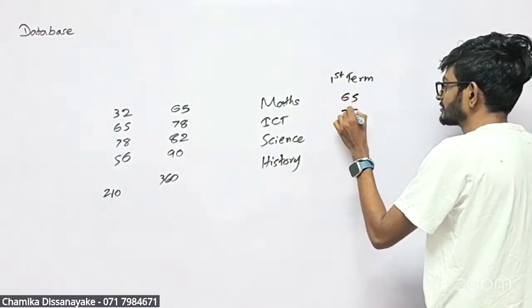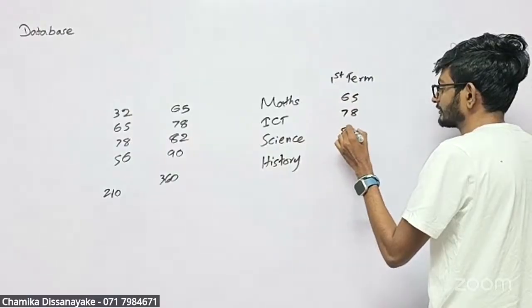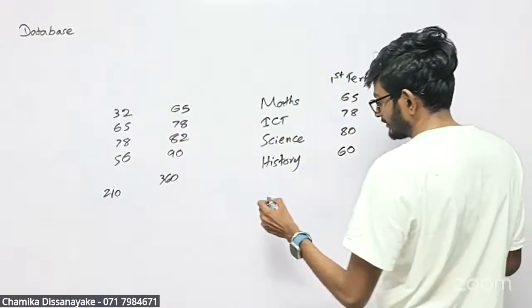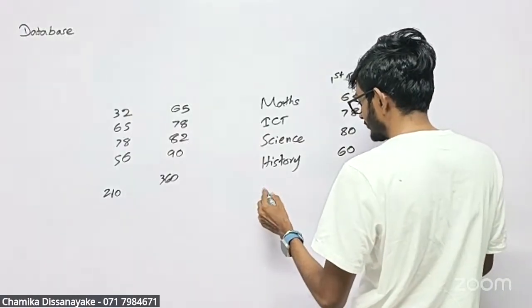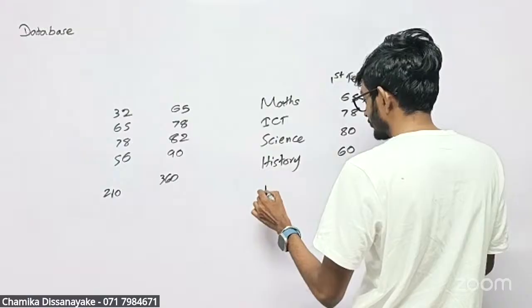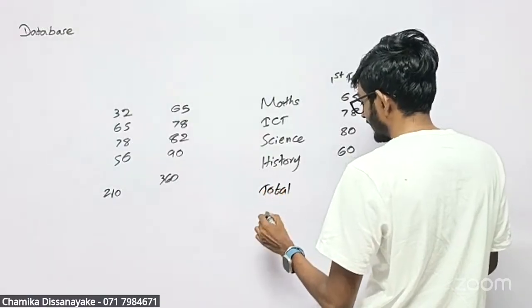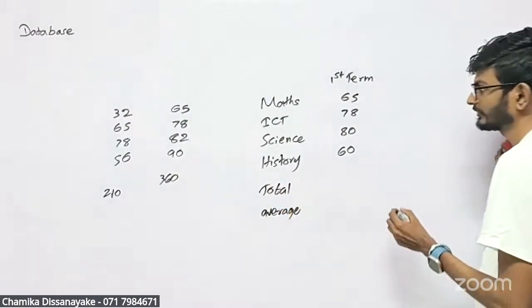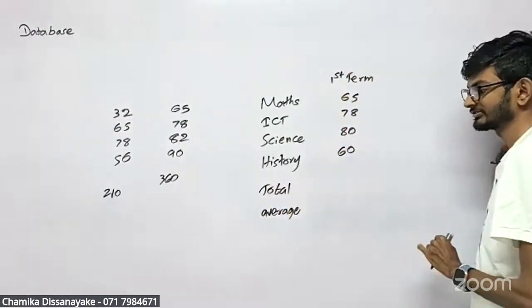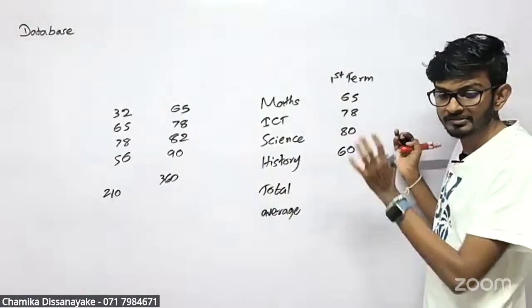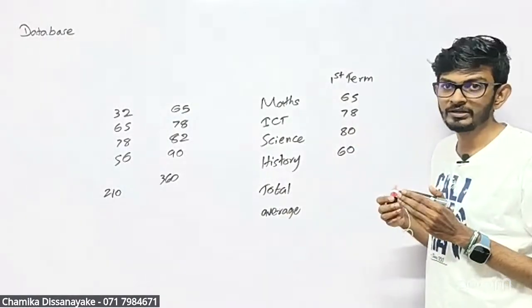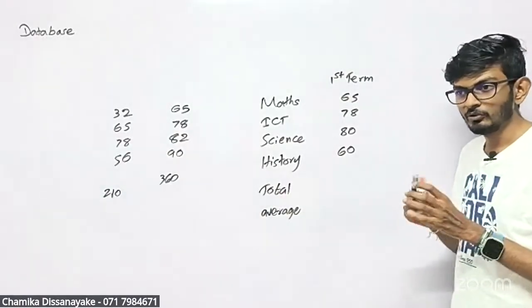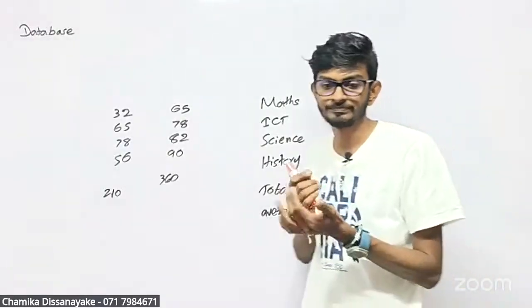ICT 78. Science 80. History 60. Likewise, in the end, we write the total and average. The data is well organized. A well organized data set is called a database. So where do we need this kind of database?